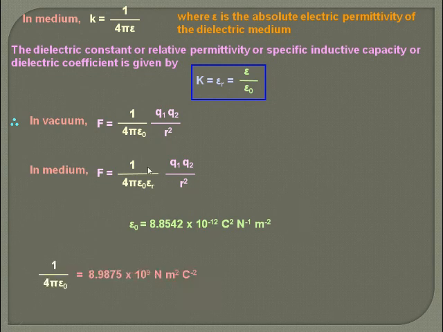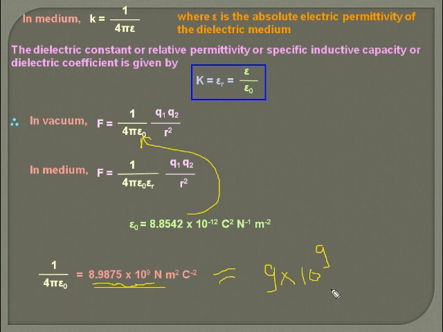If we plug this epsilon naught value in here, then we will get a value of 8.9875 into 10 to the power 9, which we can approximate as 9 into 10 to the power 9. Okay, so we will remember this value as 9 into 10 to the power 9.